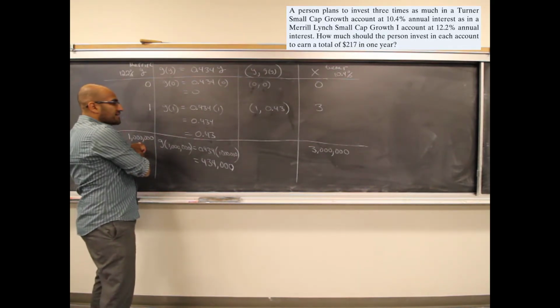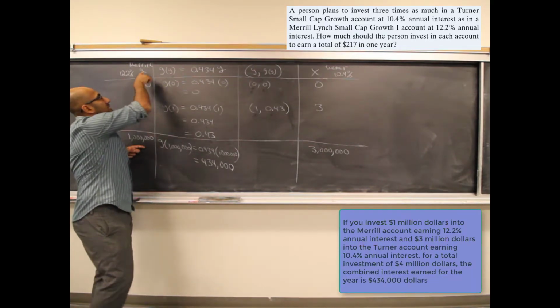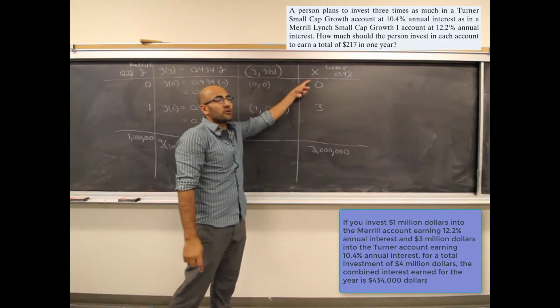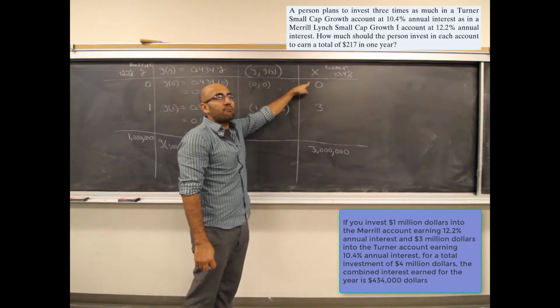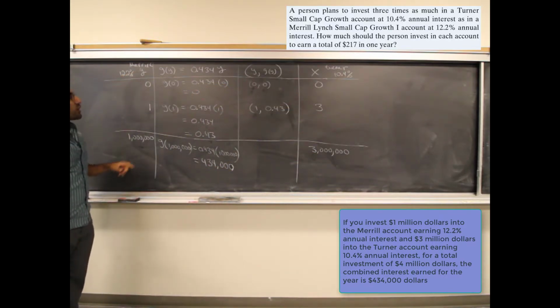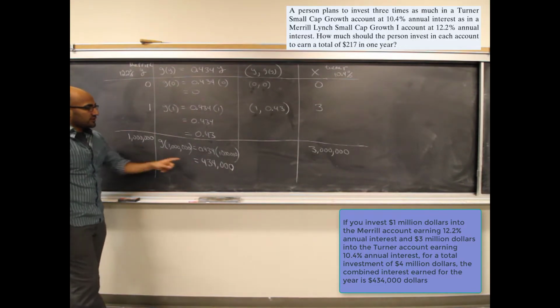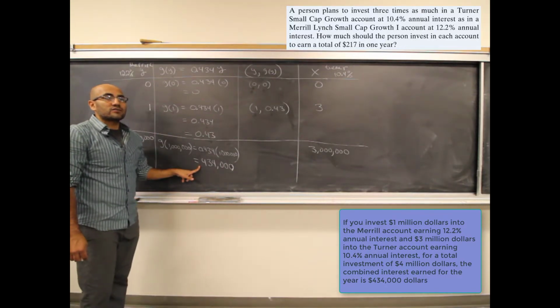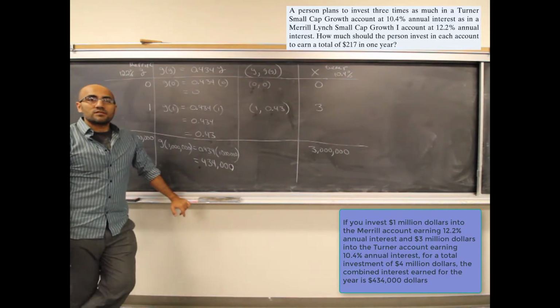So if we invest $1 million into the Merrill account and $3 million into the Turner account, with the Turner account earning 10.4% annual interest, and the Merrill account earning 12.2% annual interest, your total interest earned for the year would be $434,000.